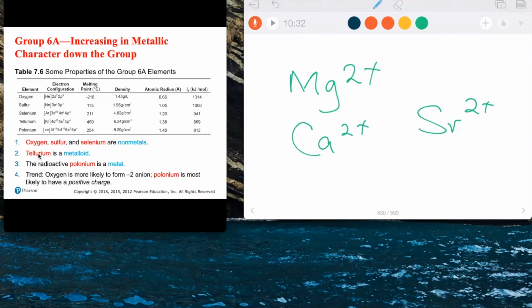Now, group 6A. Remember, we jump now from 2A to 6A, and we are going to 6A, 7A, and 8A. In a similar fashion, from electron configuration, the group number corresponds to the valence electrons. Electrons in the s and p sublevels, 2 plus 4 is 6.